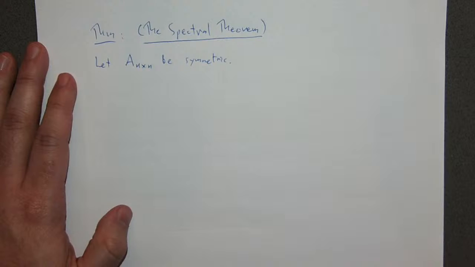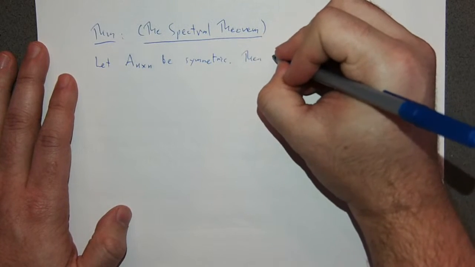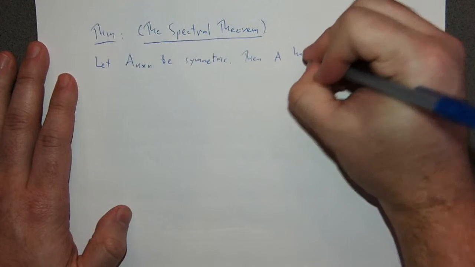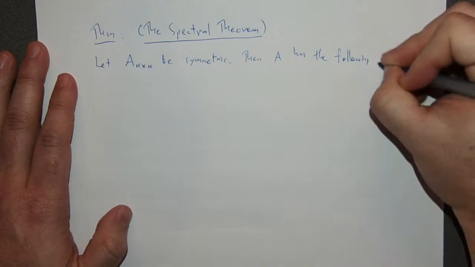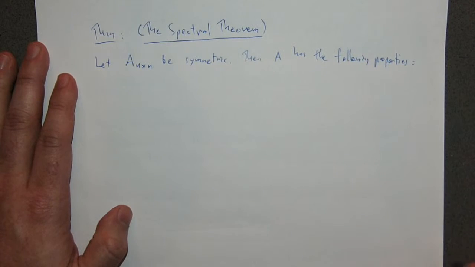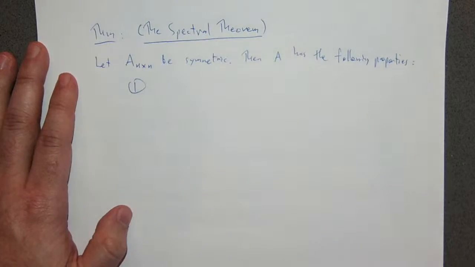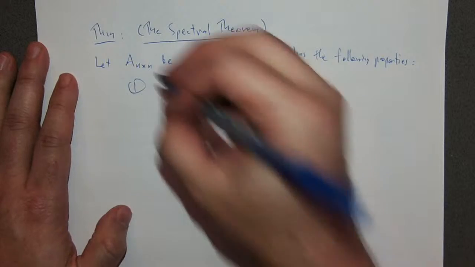Then here's a list of properties that A satisfies. Then A has the following properties. Okay, so first property, it has n real eigenvalues counting multiplicities.